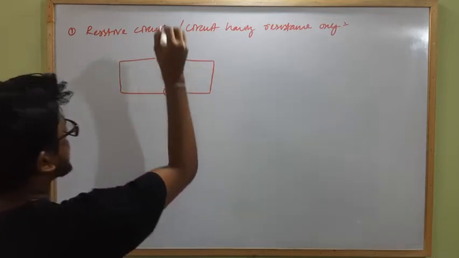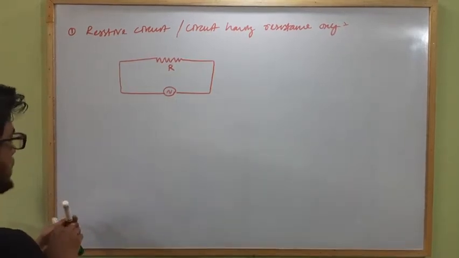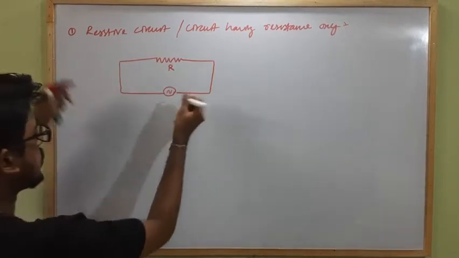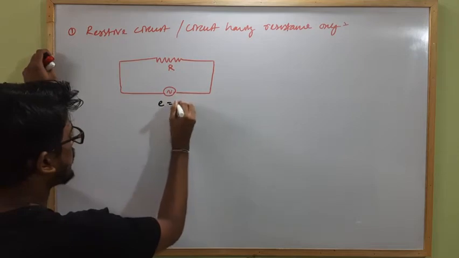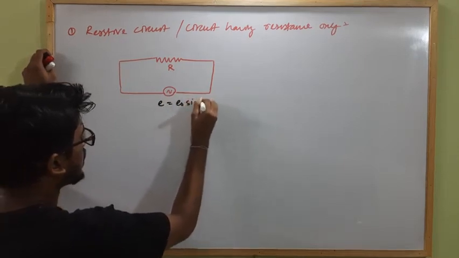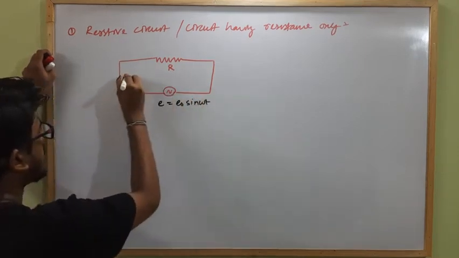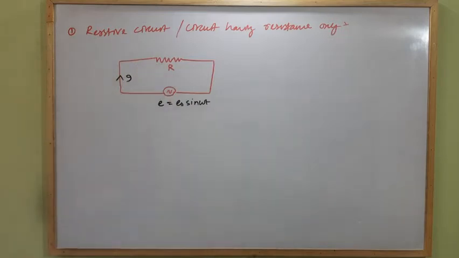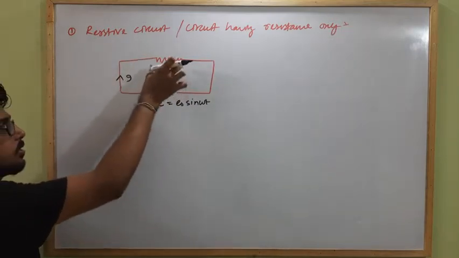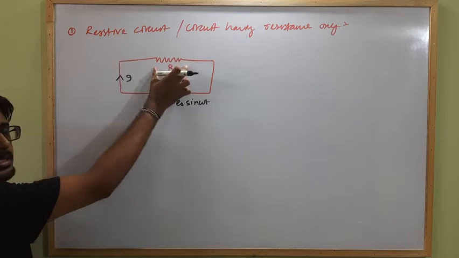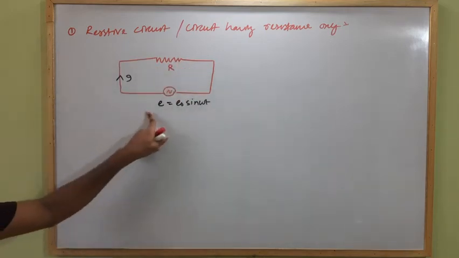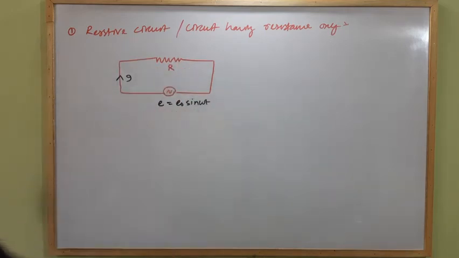This is resistance R, and at any instant the alternating source will provide an EMF E equal to E naught sin omega t, for which current I is flowing through it. Clear? So this is a circuit containing only a resistor and attached with an alternating source of EMF E equal to E naught sin omega t.